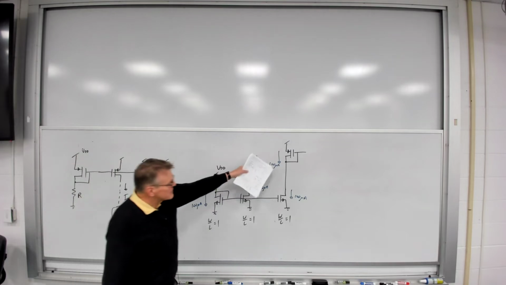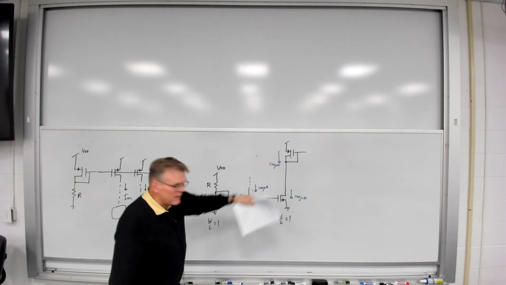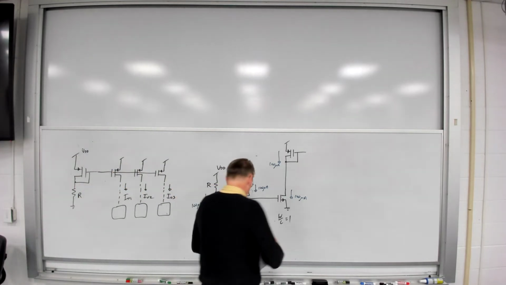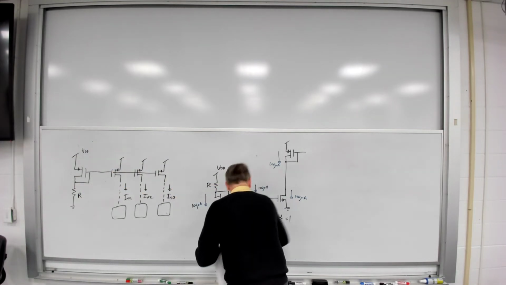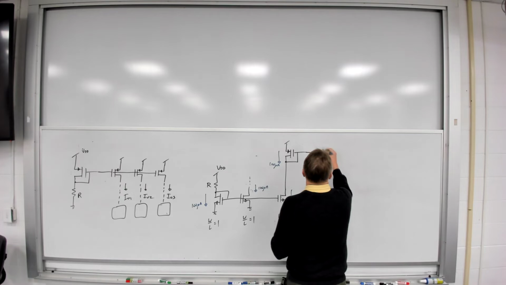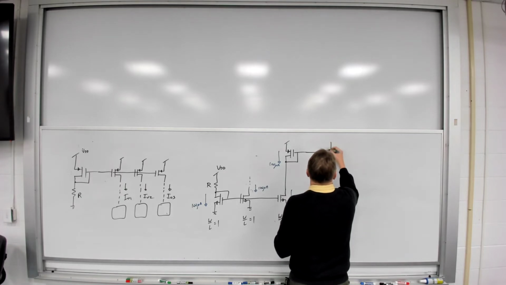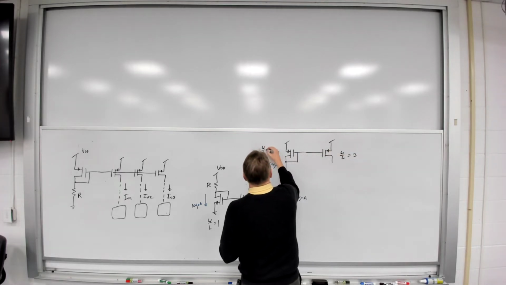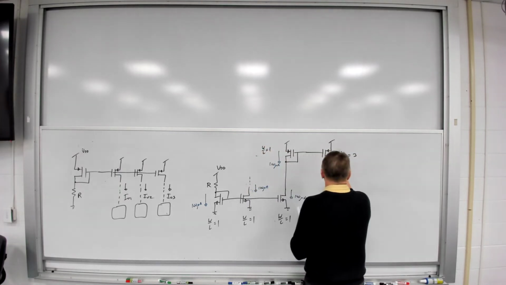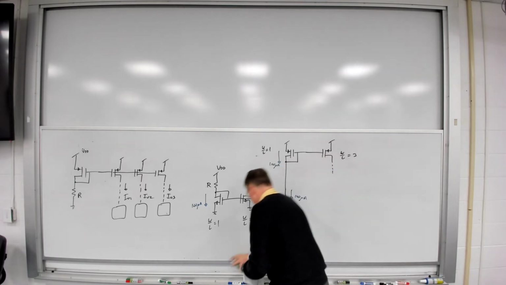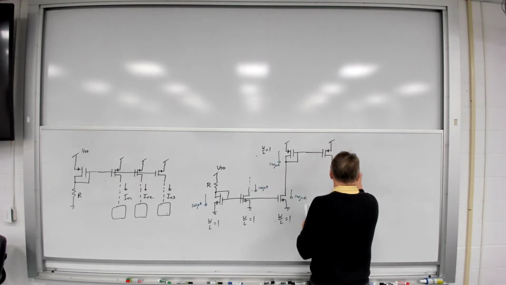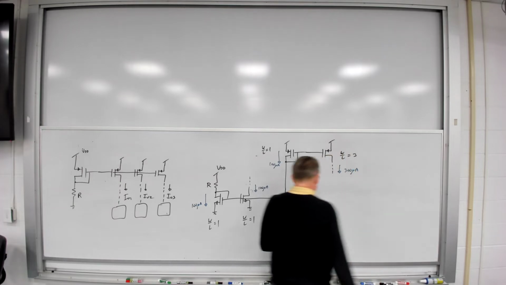Except now the difference is the current in here is set by that device instead of by a resistor. And now I can go over here. Let's say I'm going to set the width to length ratio here equal to 1 and this equal to 3. And therefore, this will be equal to 300 microamps.